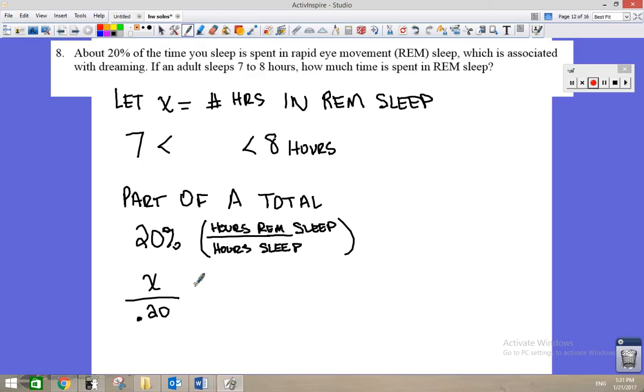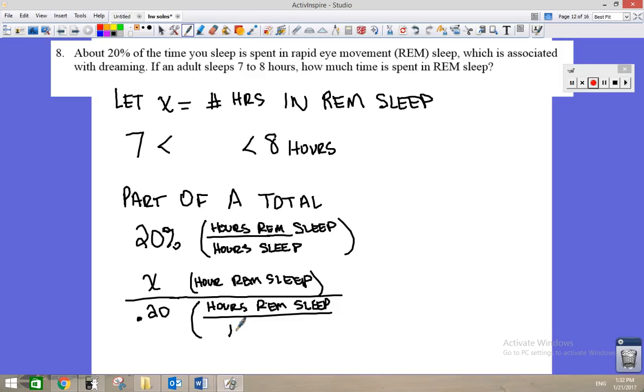We said that was the hours spent in REM sleep, the number of hours in REM sleep. Well, this number, 0.20, has units, like I've written up here: hours of REM sleep per hours that you sleep, the total.